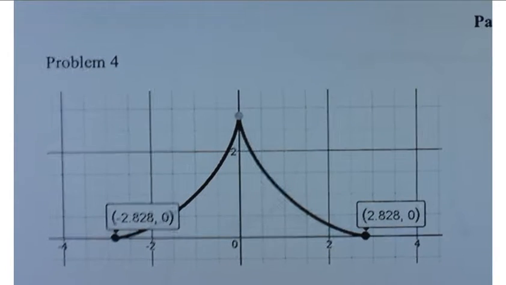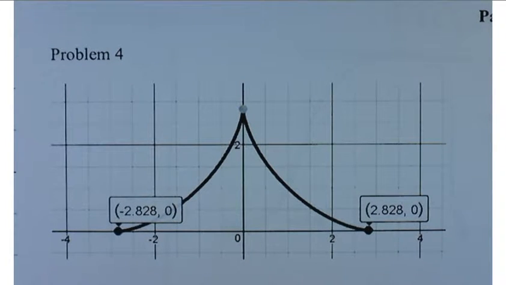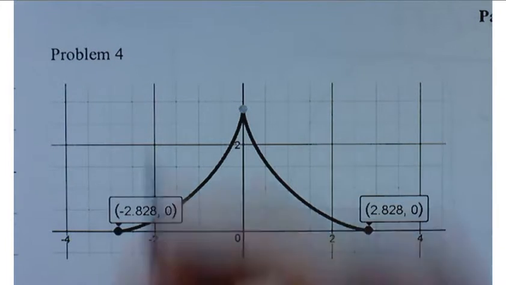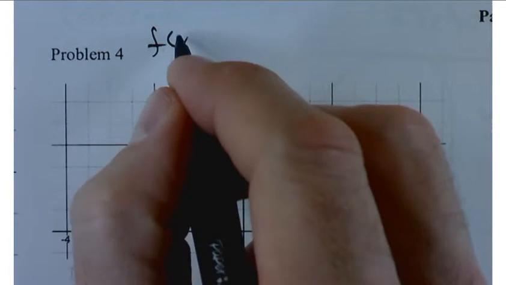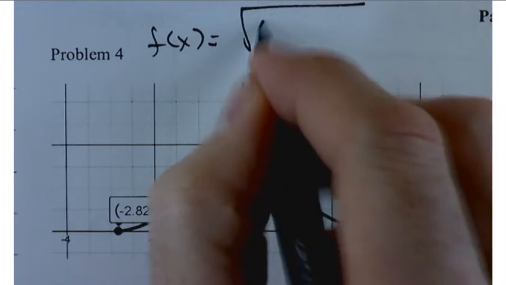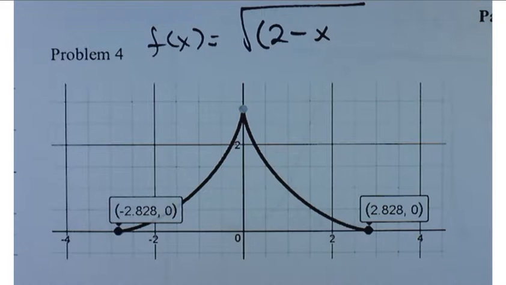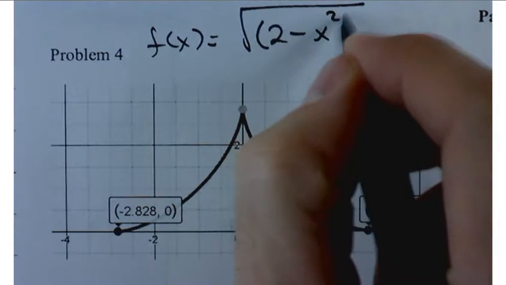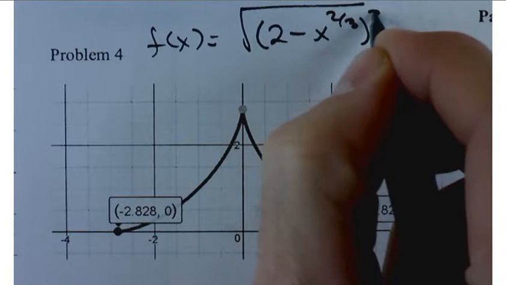Let's slide over and look at problem number 4. The function in this case is f of x equals the square root of 2 minus x raised to the 2/3 power and then cubed.